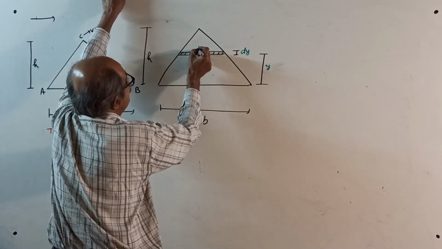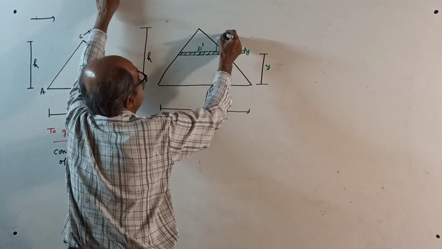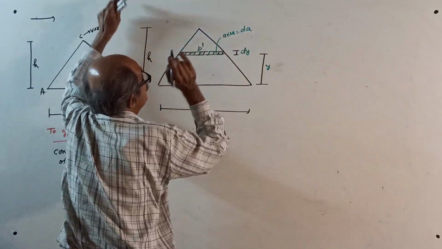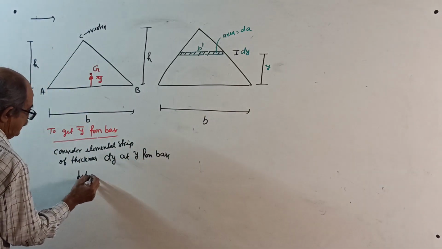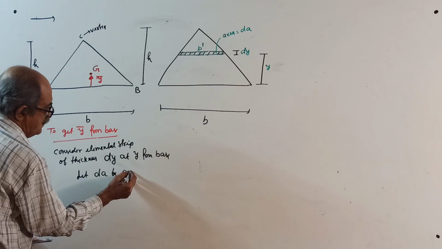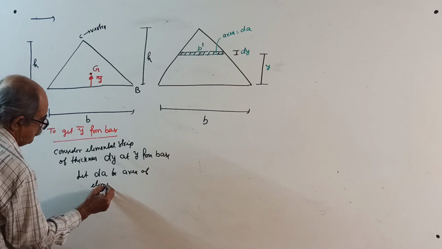And this width, let it be b dash. For this strip, the elemental area is dA. Let dA be the area of the elemental strip.